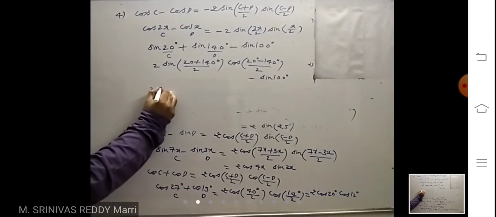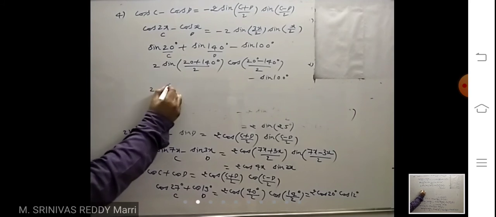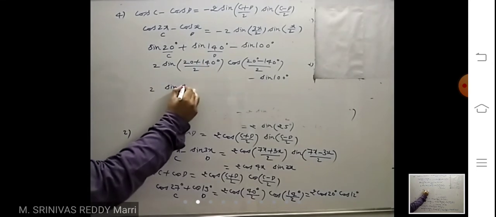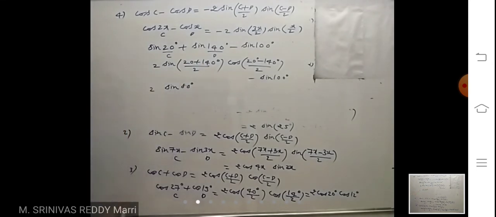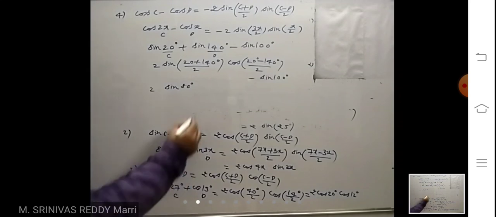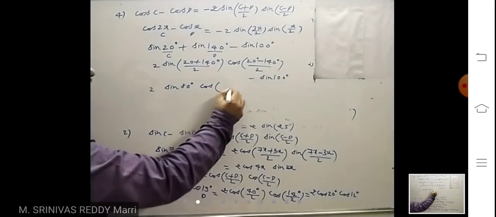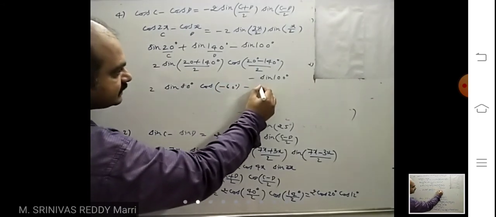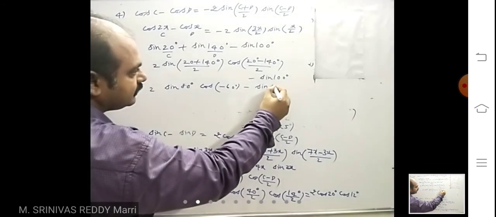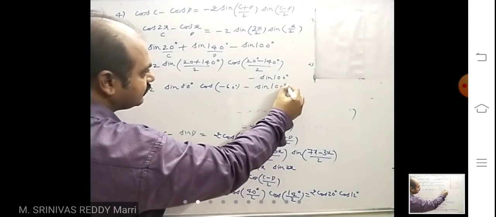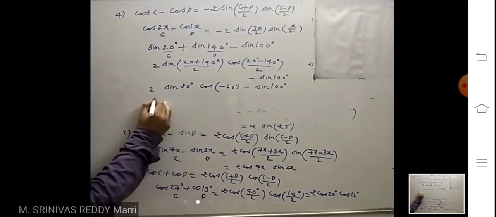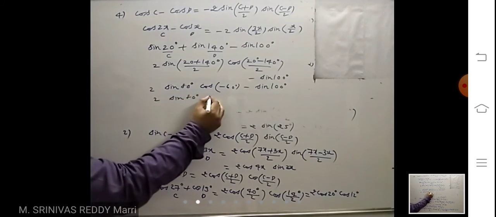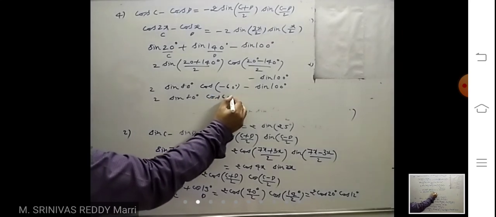So therefore 2 sine, this is 160 by 2, that means 80 degree, into cos of minus 120 by 2, that means minus 60.